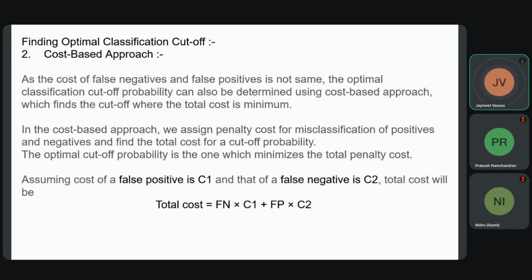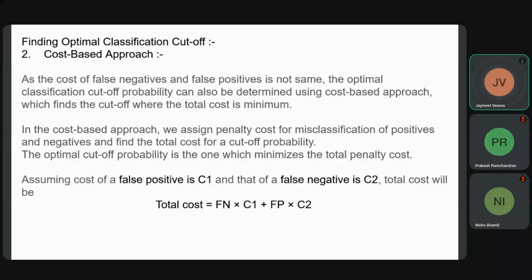Now, the other approach for finding the most optimal classification cutoff, the second approach, was the cost-based approach. As the cost of the false negatives and the false positives is not the same, the optimal classification cutoff probability can be determined using the cost-based approach, which finds a cutoff where the total cost is minimum.